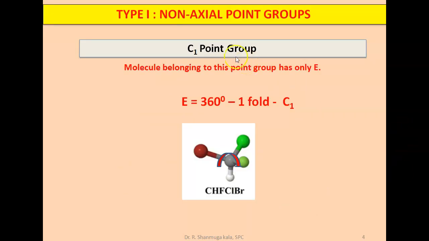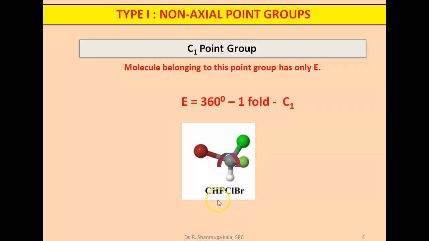The first type, non-axial point groups, is called the C1 point group. A molecule belonging to this point group has only the identity element. We all know that the identity element means the molecule is rotated about 360 degrees, a one-fold axis, called the C1 point group.